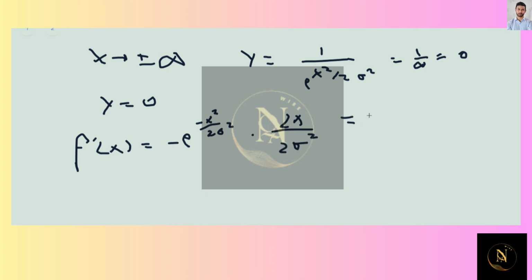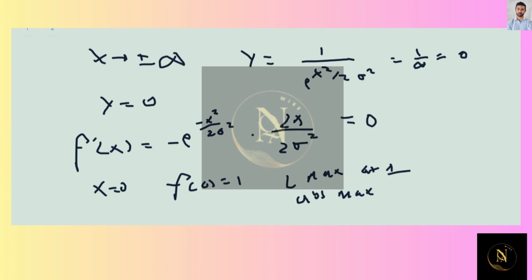Set this equal to 0: the exponential will never equal 0, so plugging in x equals 0 gives 0. So x equals 0, and f of 0 is 1. We have a local max at 1, and in this case it is the absolute max too.